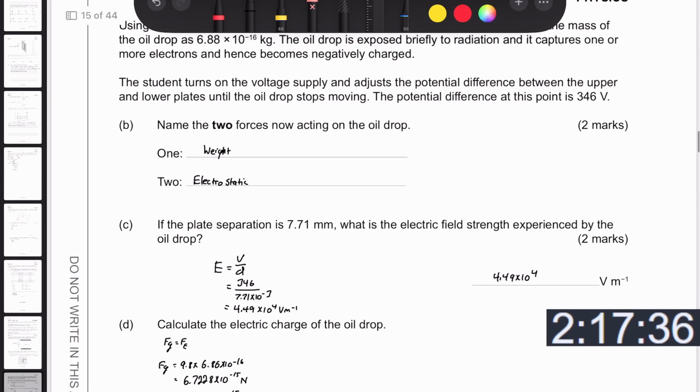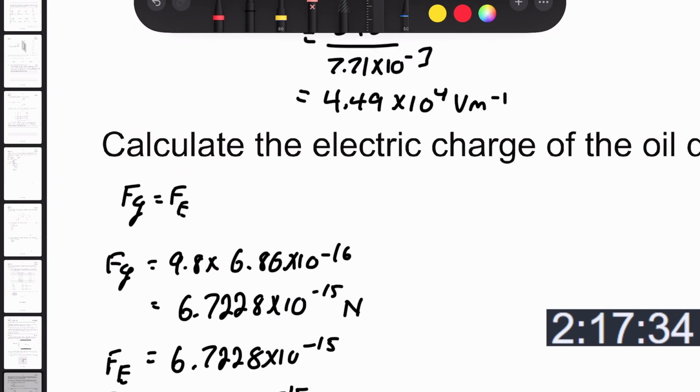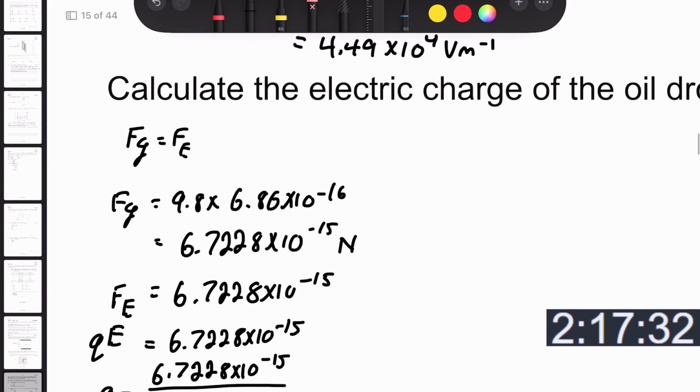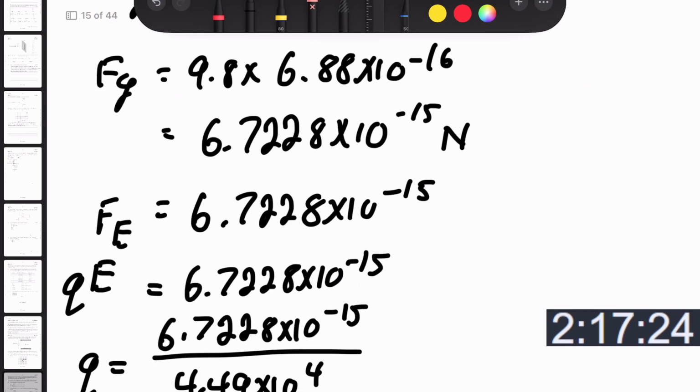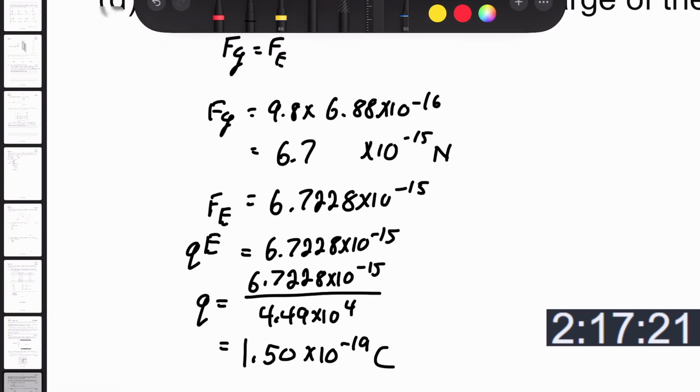Did I do this all correct? Oh, 6.88. So 6.88 times 10 to the negative 16, which gives 6.7424 times 10 to the negative 15.